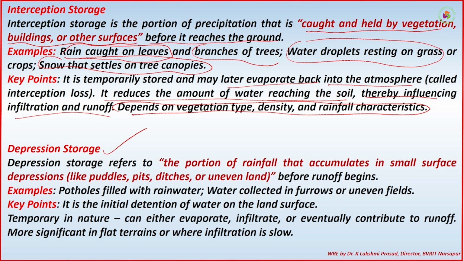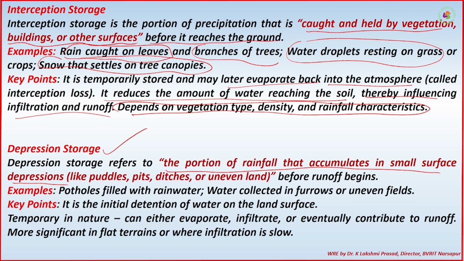Depression storage refers to the portion of the rainfall that accumulates in small surface depressions. Suppose on the surface of the earth a small pit is there, or small ponds, not bigger ponds. Even in your house, a small pit is there. When rainfall occurs, some quantity of water is stored in that pit. That is what we call depression storage.